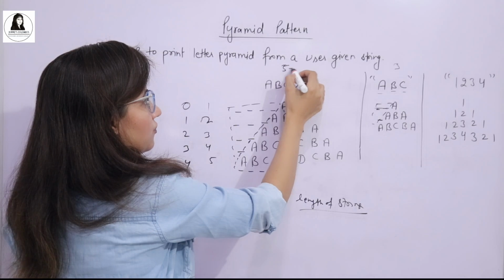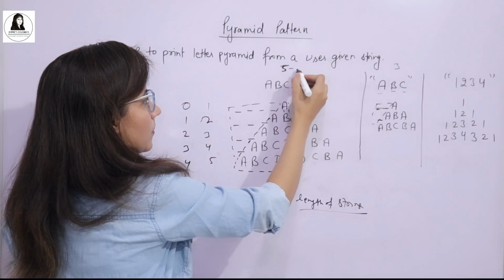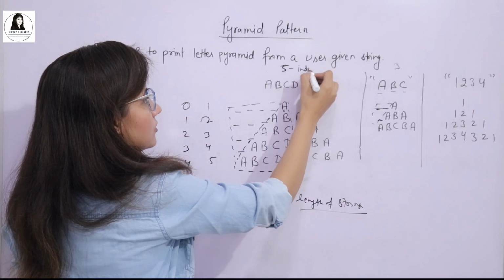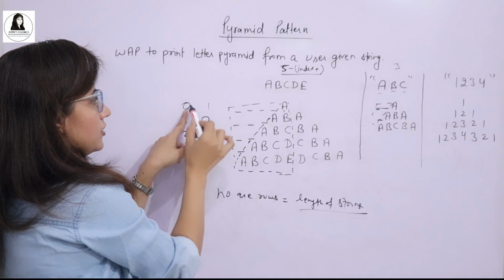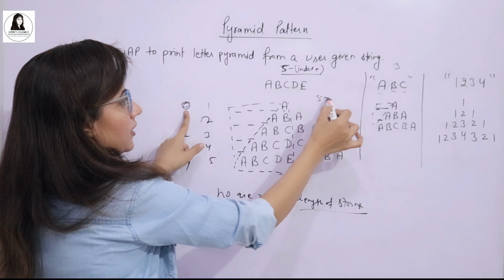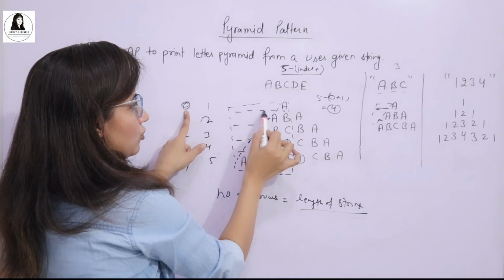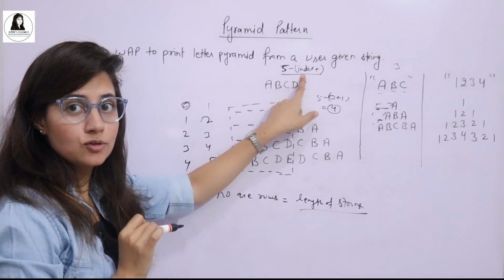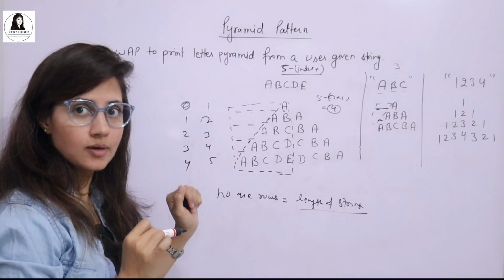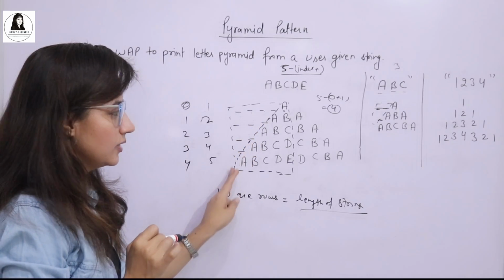So maybe the spaces are 5 minus the index plus 1. The index of the first row is 0, so 5 minus 0 plus 1, here we have 4 spaces. This is the kind of formula, this kind of logic, we can use to print spaces. So first 4, then 3, then 2, then 1, then 0.